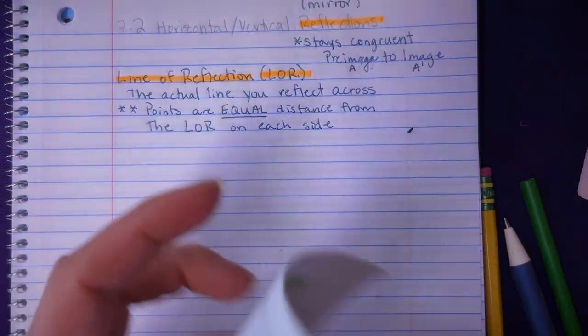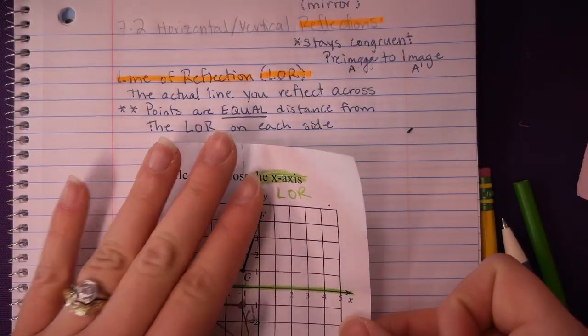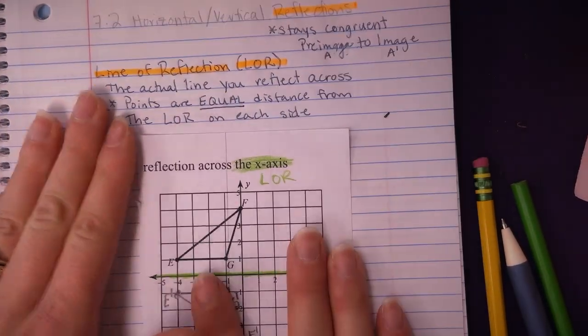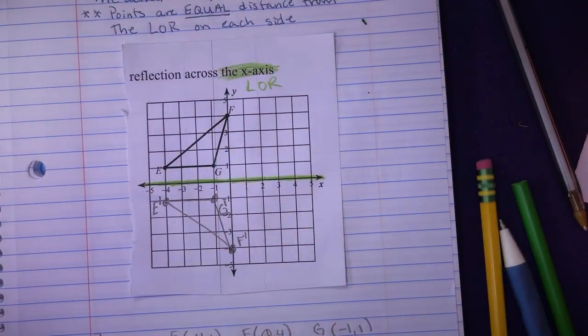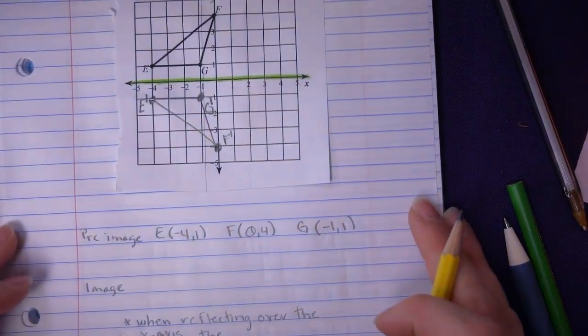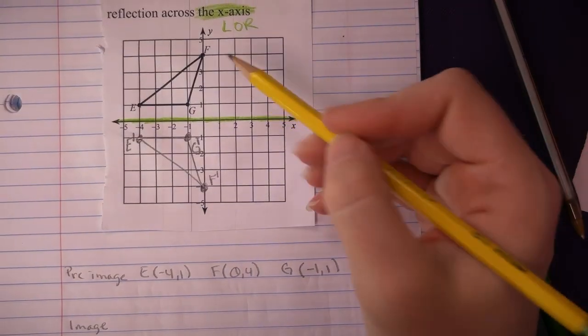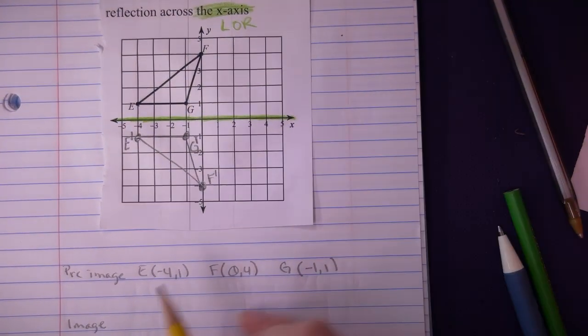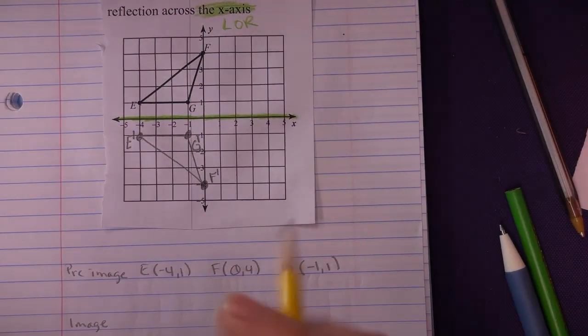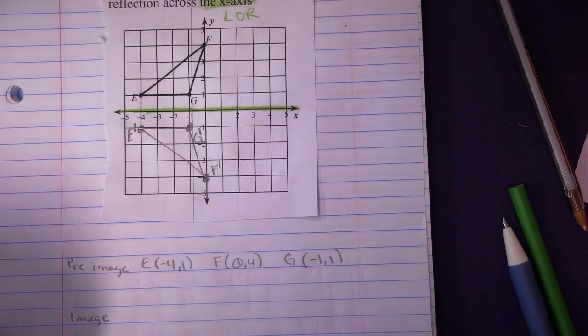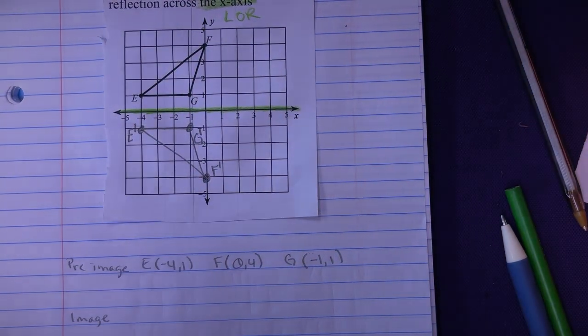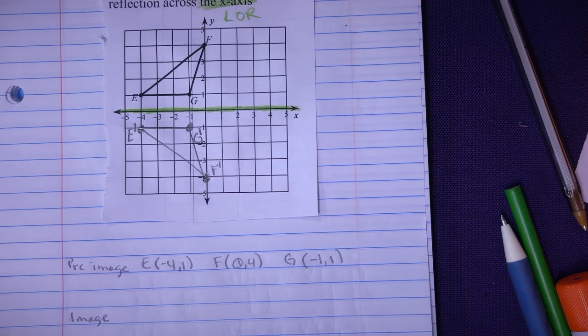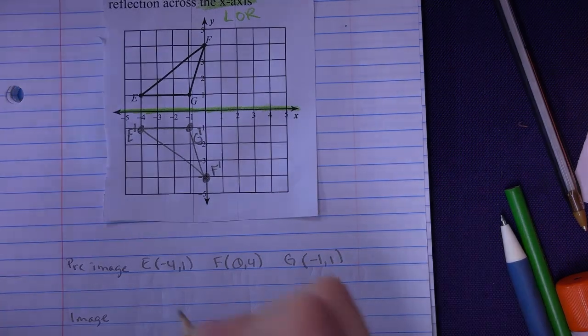Next, we are going to talk about some observations that we can come up with. In the pre-image, the original problem here, we have these points. I pre-wrote them because I don't want this video to be too long. And in the image, we are going to write out the points that we got, because I didn't know what they were going to be.